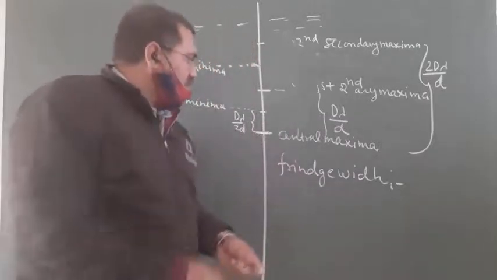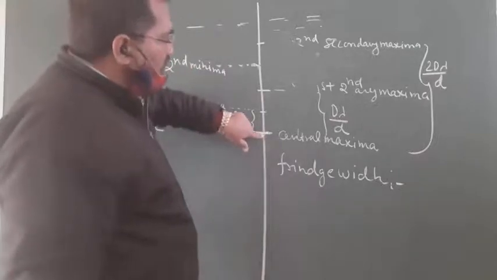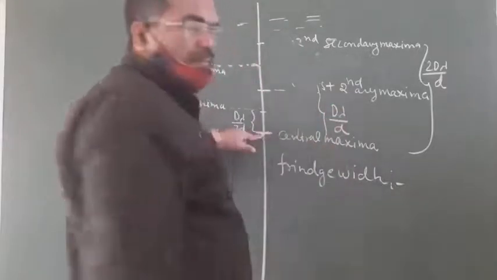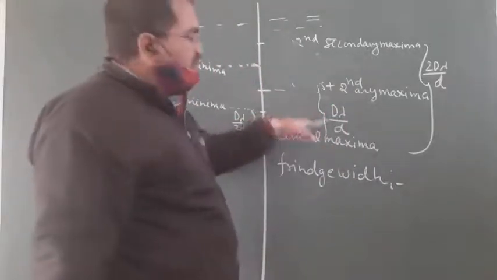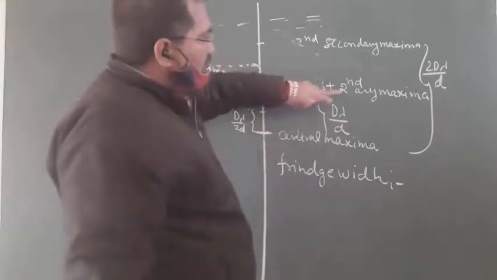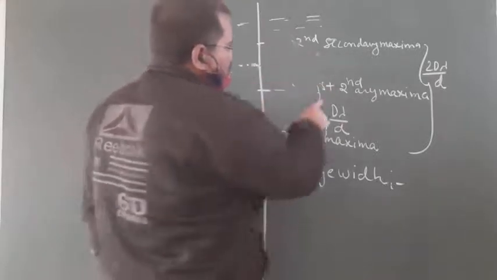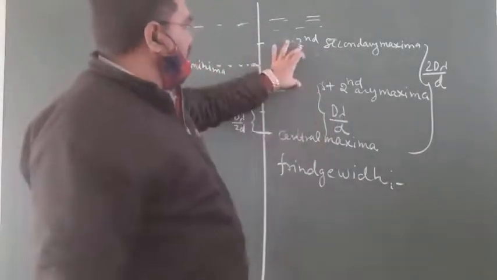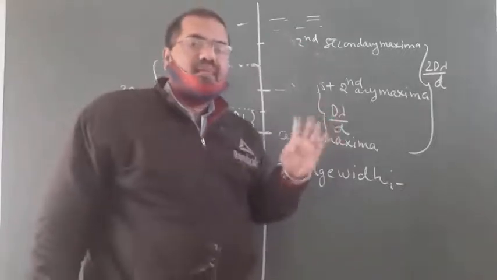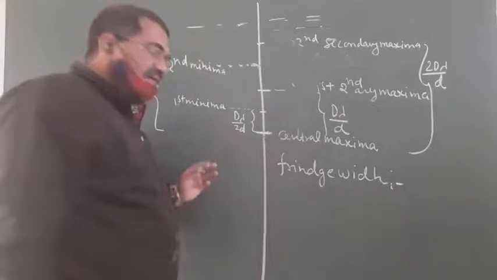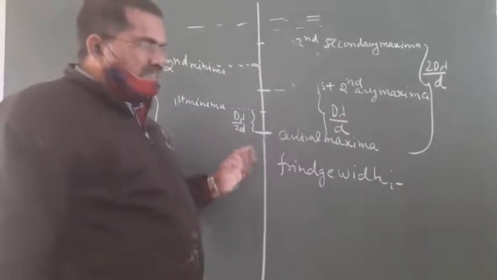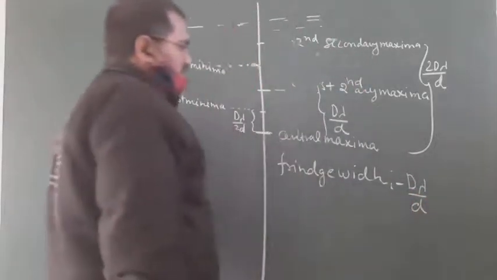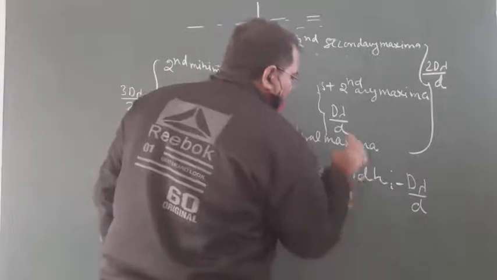You can see this is the central maxima, and the first secondary maxima is obtained after distance d lambda by d. So maxima to maxima distance is d lambda by d. Similarly, the distance between first secondary maxima and second secondary maxima is the same, d lambda by d. So two consecutive maximas or two consecutive minimas distance is the same, and this is called fringe width, represented by beta.